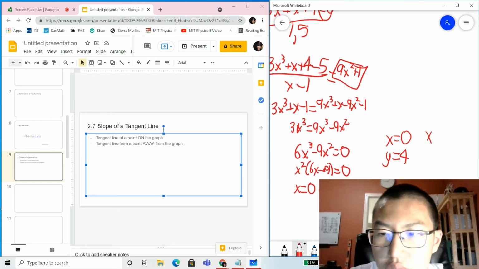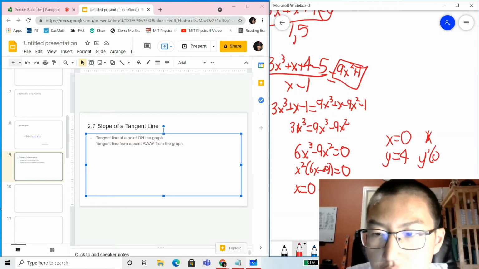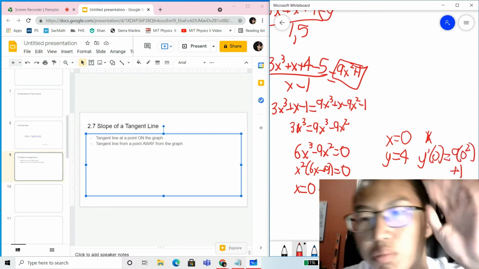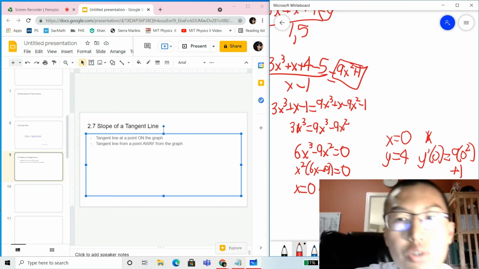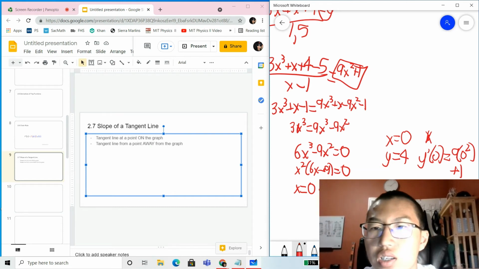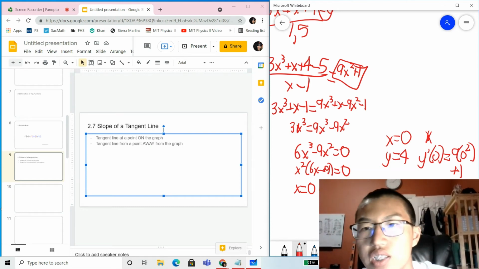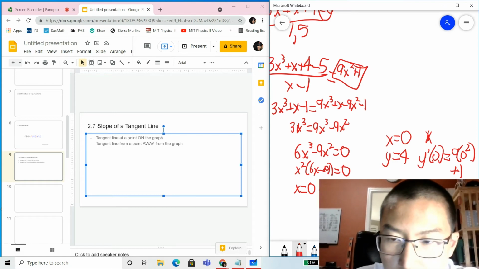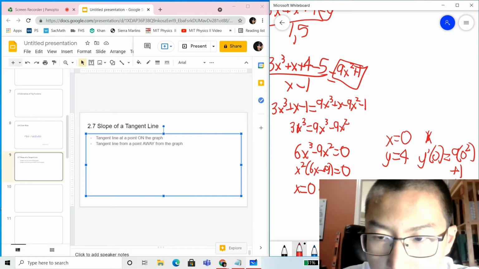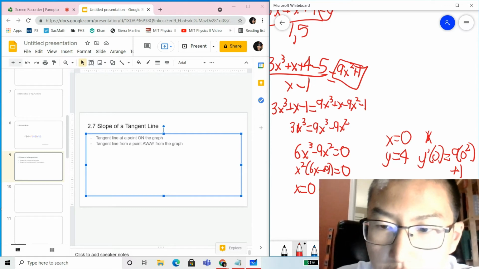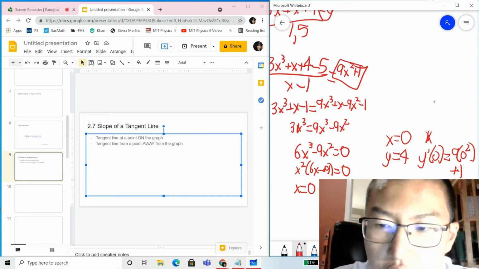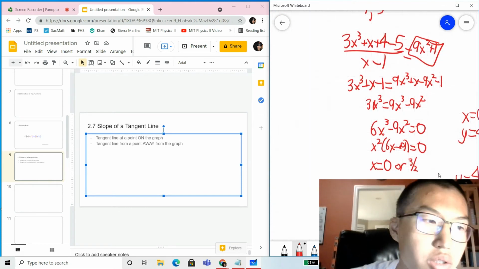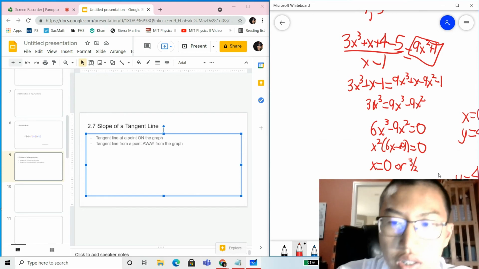Now, y prime of 0 is the derivative, 9 times 0 squared plus 1, which is 1. So now we get y minus 4 equals x. We get y equals x plus 4. That's one possible solution. And you probably would do that if you were out of time.